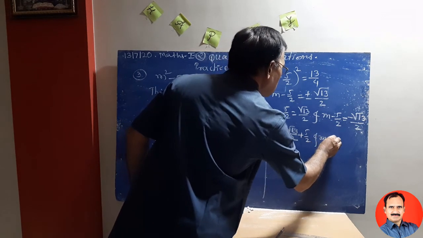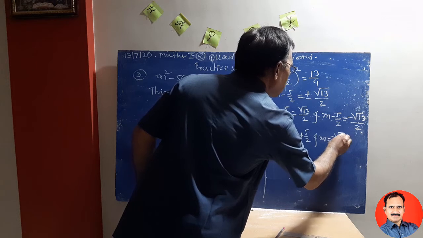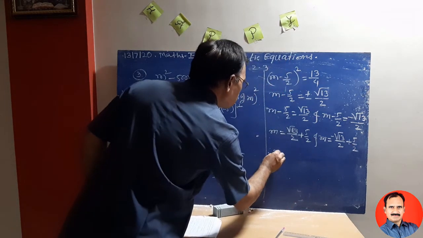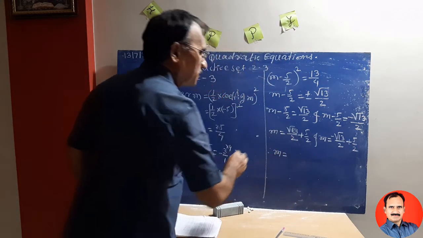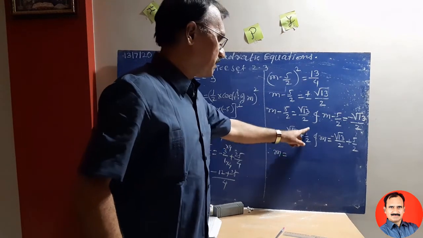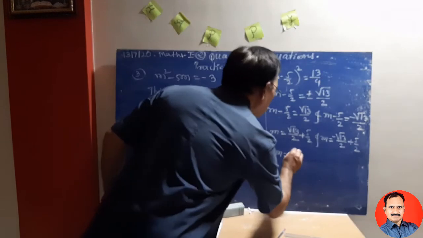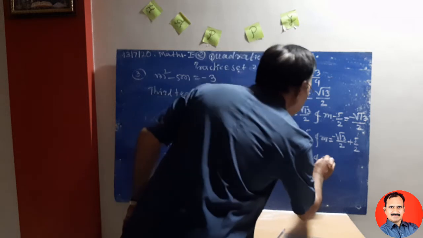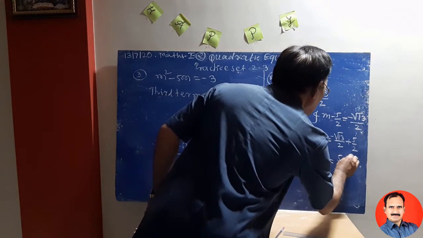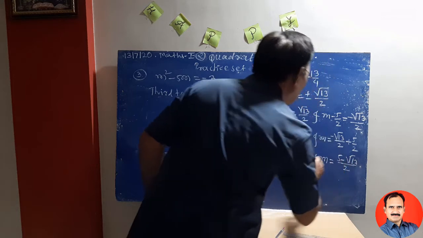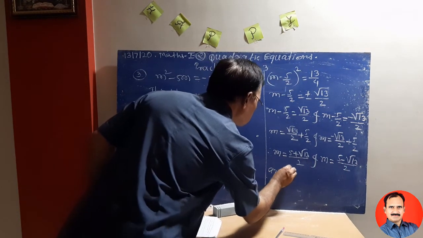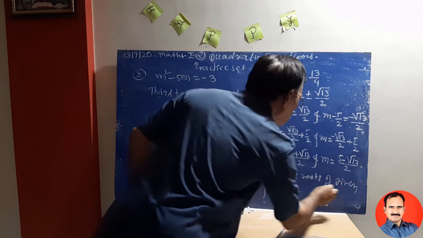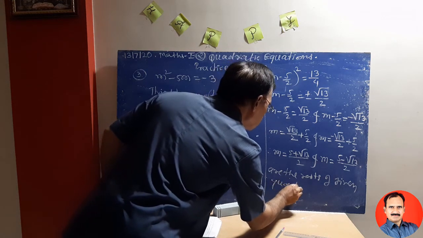Here also m is equal to minus root 13 upon 2, minus becomes plus here, and therefore m is equal to, here denominators are the same, very easy addition as it is, 5 plus root 13 divided by 2 and m is equal to 5 minus root 13 divided by 2 are the roots of the given quadratic equation.